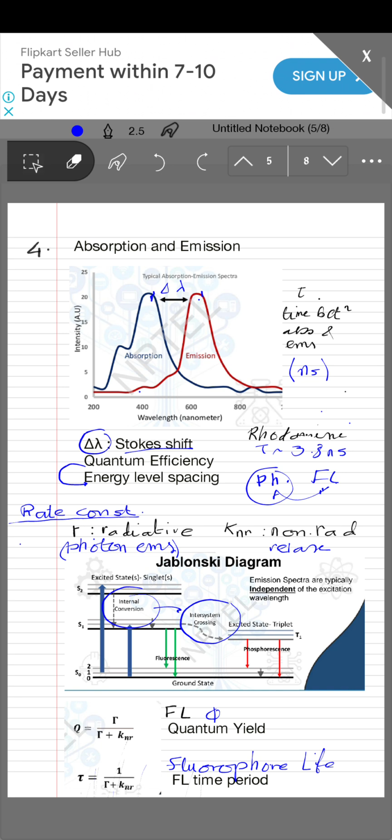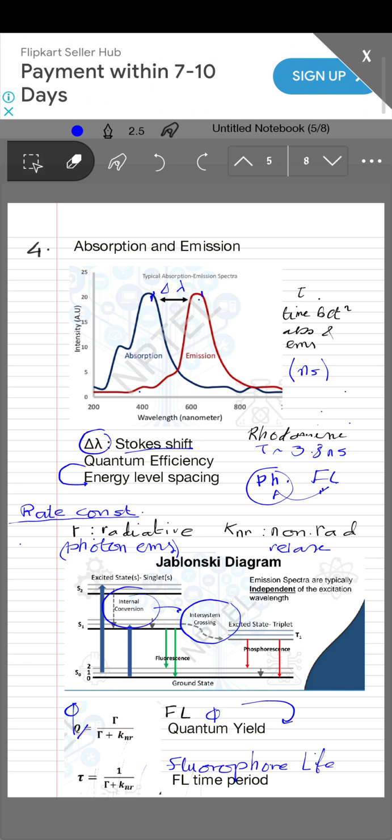Now this process can be quantified by the fluorescence quantum yield. Fluorescence quantum yield is the ratio of two parameters, as you can see, gamma and gamma plus K_NR. It is represented by Q, and sometimes also by phi. What is gamma? Gamma and K_NR are both rate constants.